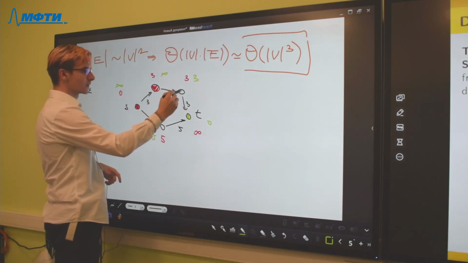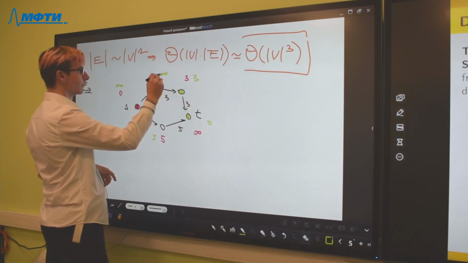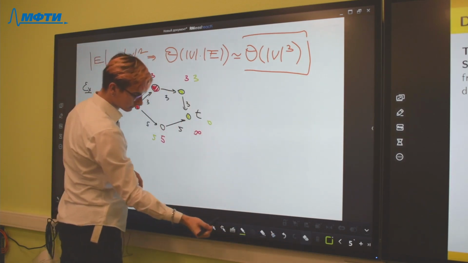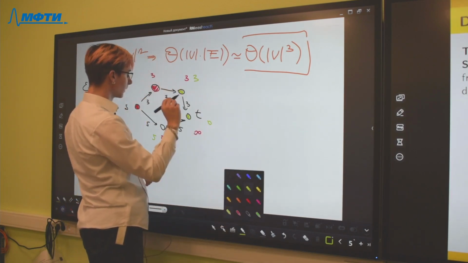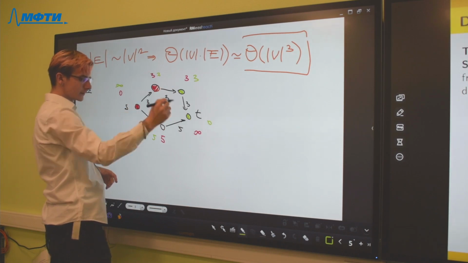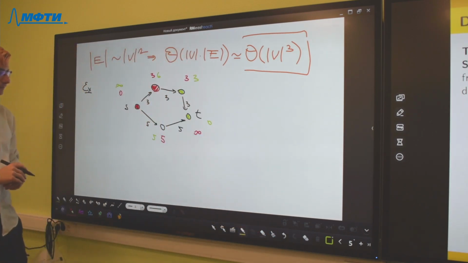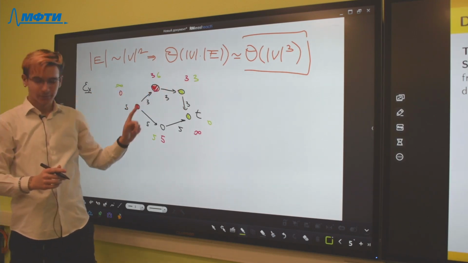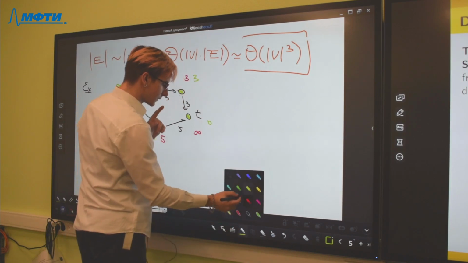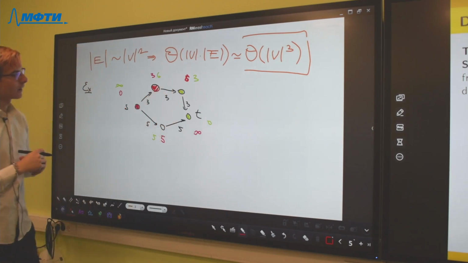We extract it and we change this to not 3 but 6, yeah. And this of course is 6 too, yeah. It was false.